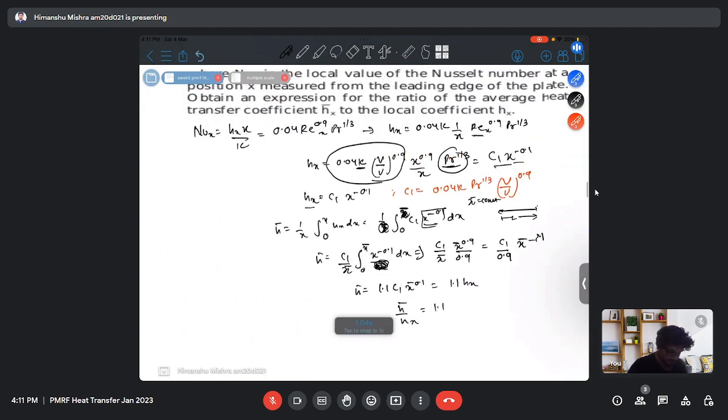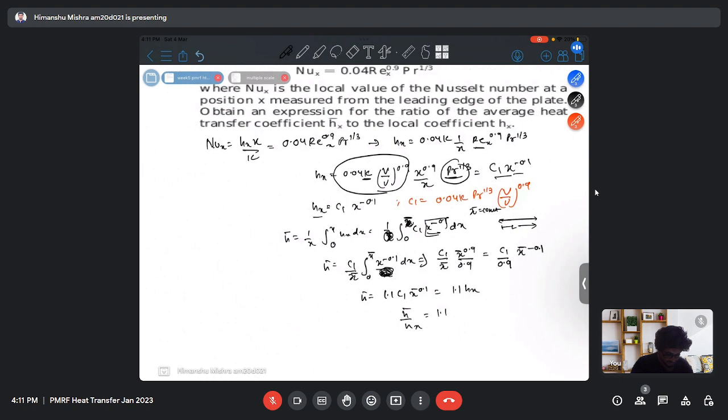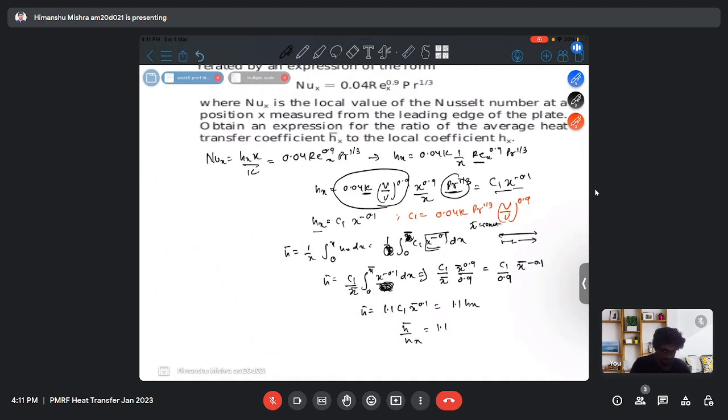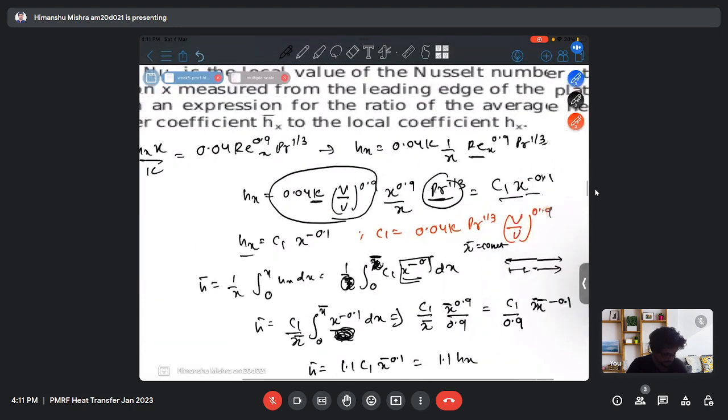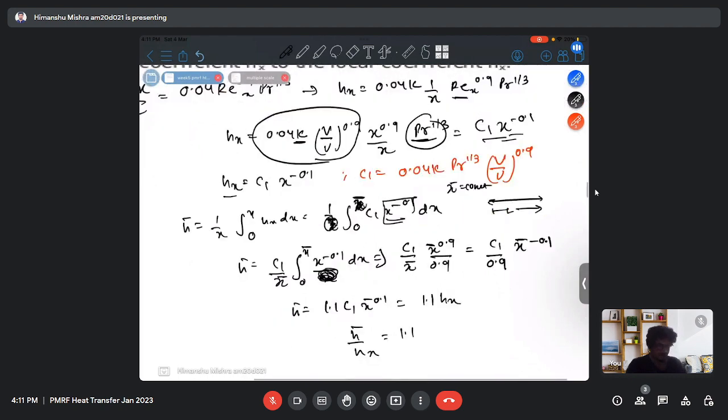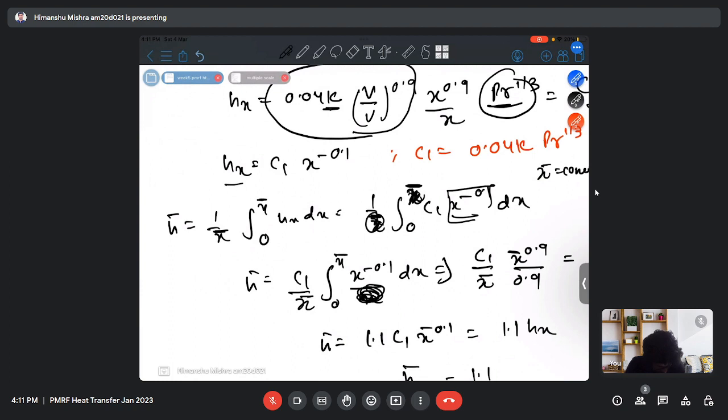We have solved plenty of problems like this. We are given a local Nusselt number, so we can deduce the local heat transfer coefficient, which is a function of x, and then we use integration to find the average heat transfer coefficient. Any doubt in this?